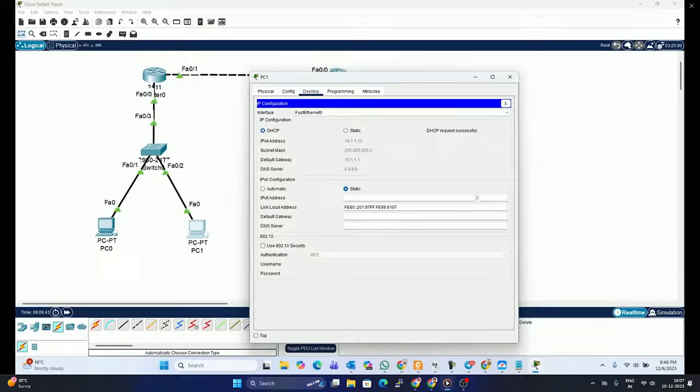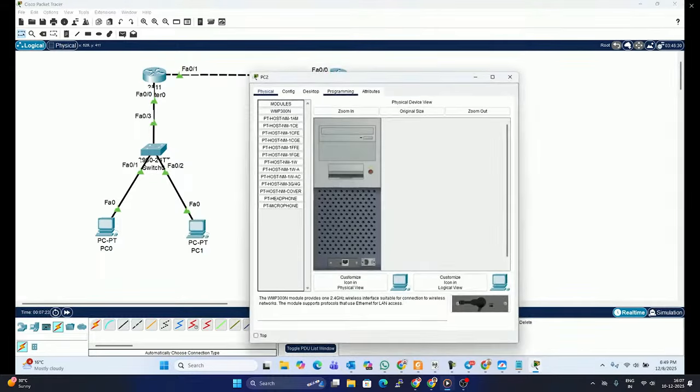So this user got an IP address 10.1.1.12, because the first 10 IP addresses are excluded.